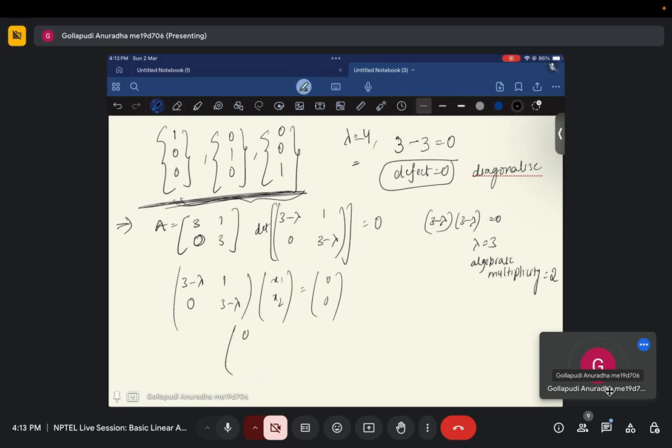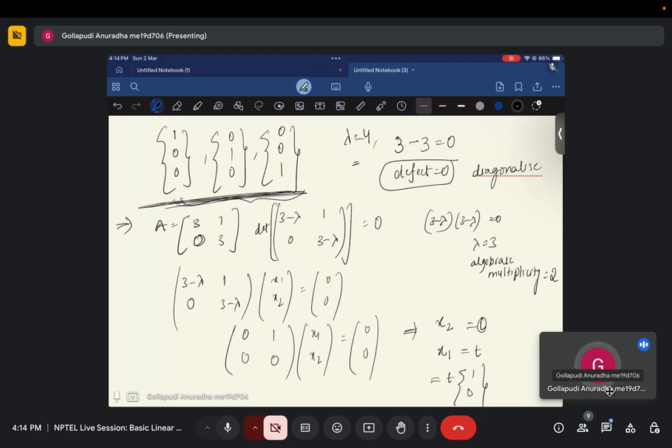Substitute 3 there. So did you get this eigenvector like this?